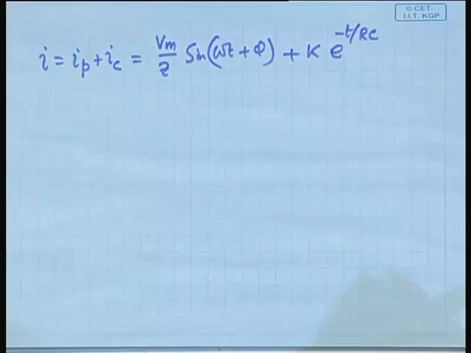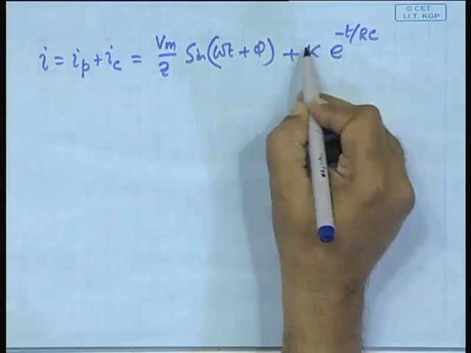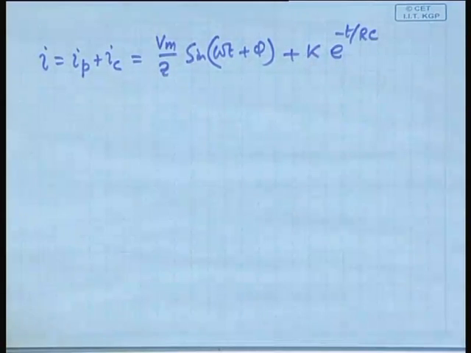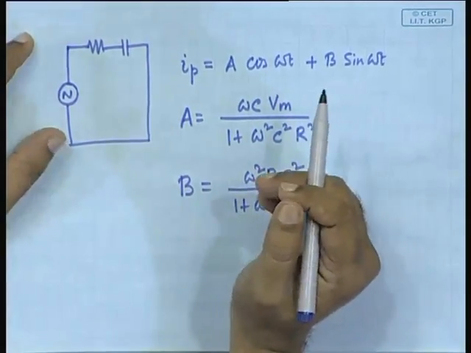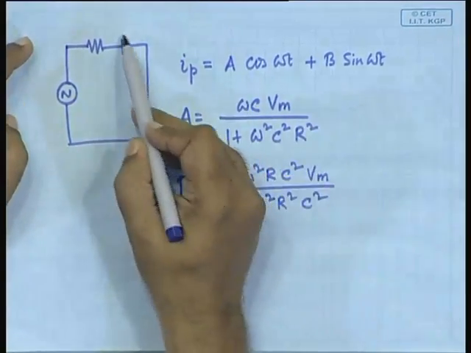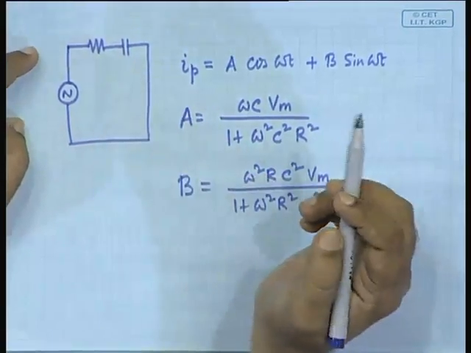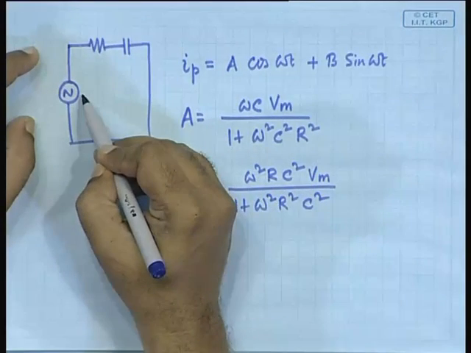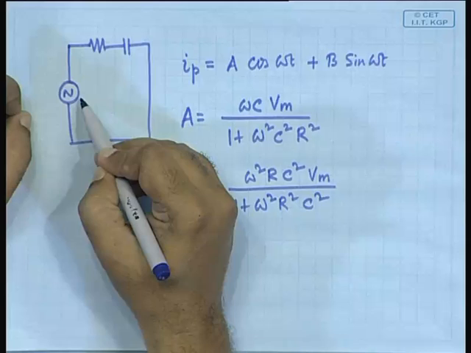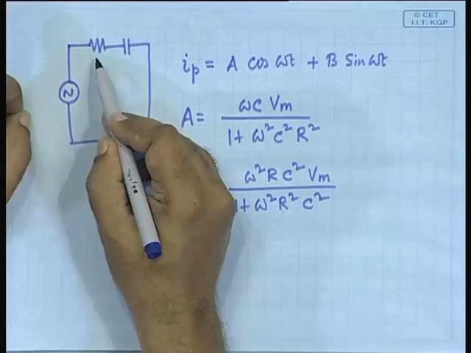Now, we have to obtain this from the initial condition. Suppose the initial condition is where the charge stored in the capacitor is 0. That is a reasonable initial condition. So, what will be the initial current?